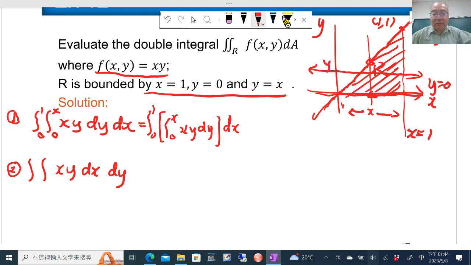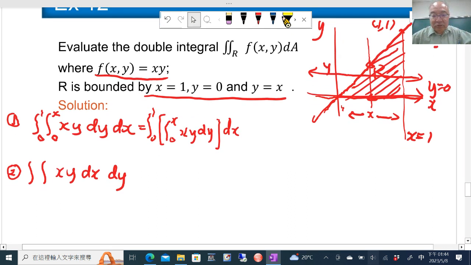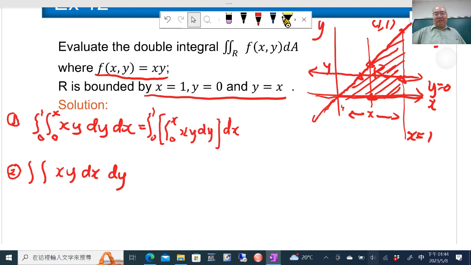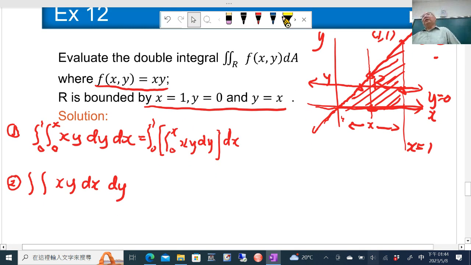Okay, and as long as your y is chosen, then what will be your x goes? X will go from the left to the right, right? And since your left is on the line of y equal to x, so that means your x should be starting from y, since y is given, right?